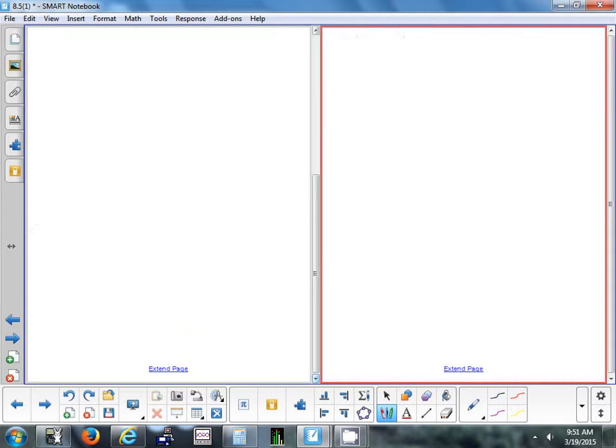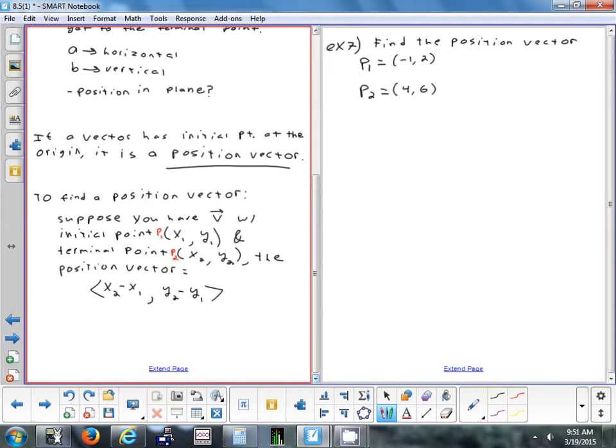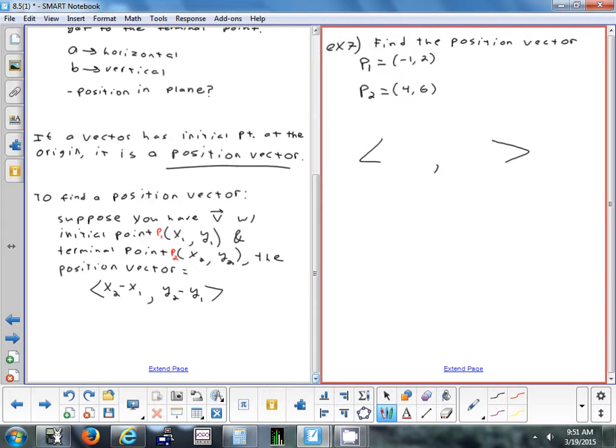All right, so our last one, they give us 2 points, and they just want us to find the position vector. Let's start with our x component. How about Julia? What would be my x component? 5. Yeah, it'd be 4 minus negative 1, which gives us a 5. Okay, and Nick, how about my y component?